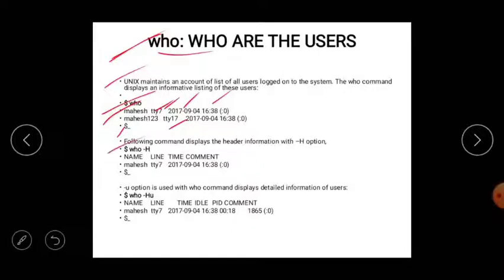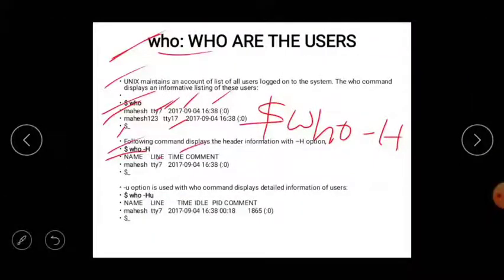Okay, the following command displays the header information with the -h option, which means if you give the dollar prompt on a new line, who space minus h, and press the enter key, we are going to get the header names: name, line, time, comment. Name means Mahesh, line means which terminal is used, terminal 7 he is used, and time when he entered.